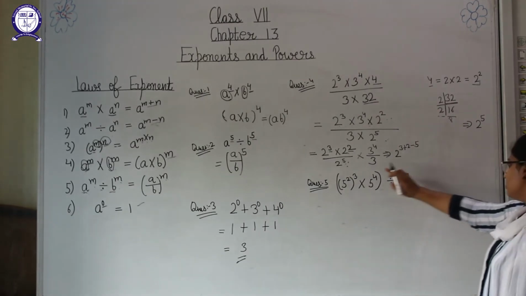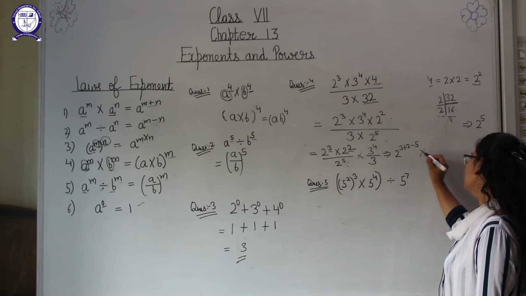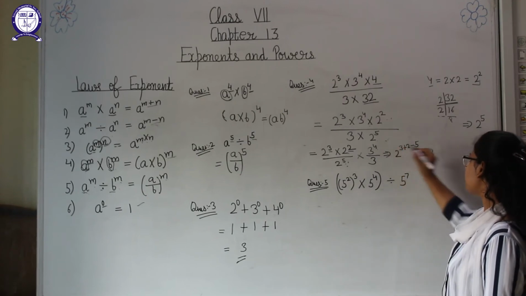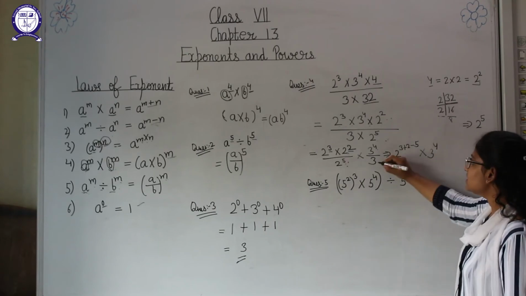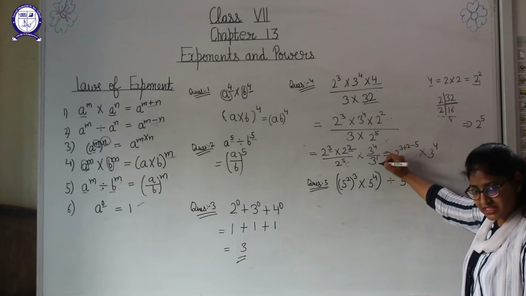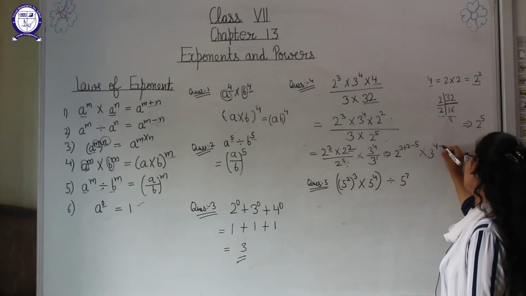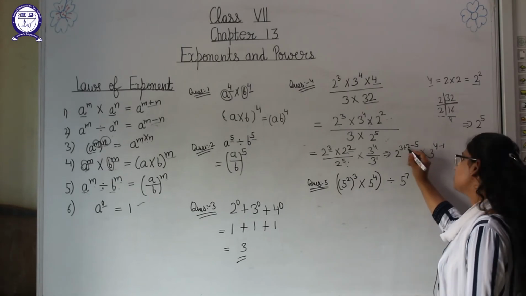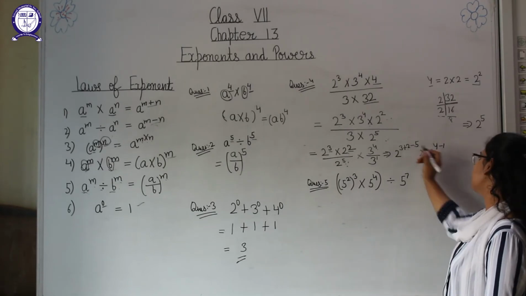Now into 3 is the base, 3 we will write, then this 4 is the power, we will write 4, then this 3 means 1 is the power, and as it is in division, here it will be 4 minus 1. Okay, so now we will solve. 3 plus 2 will be 5 and 5 minus 5 will be 0.